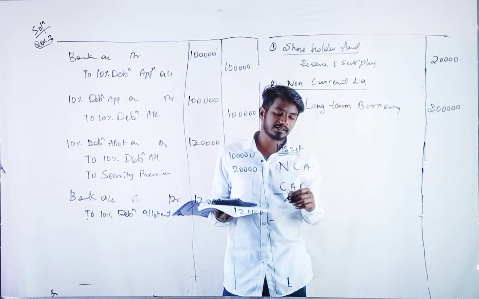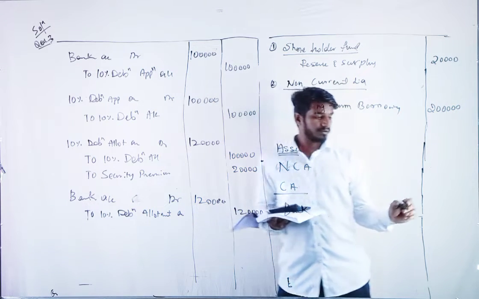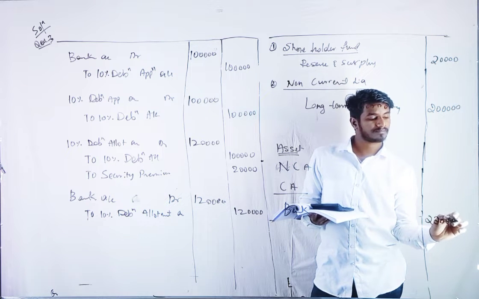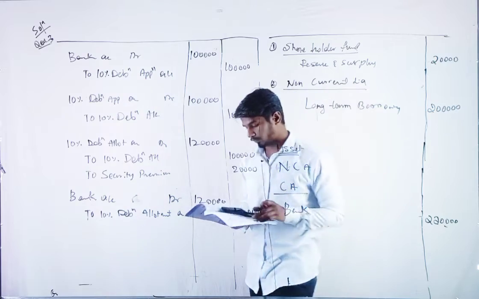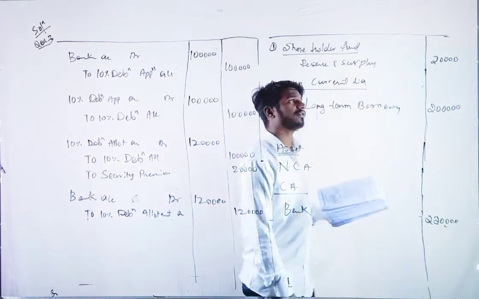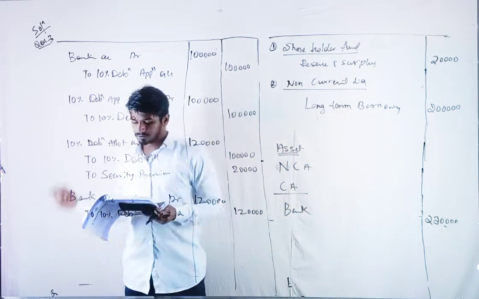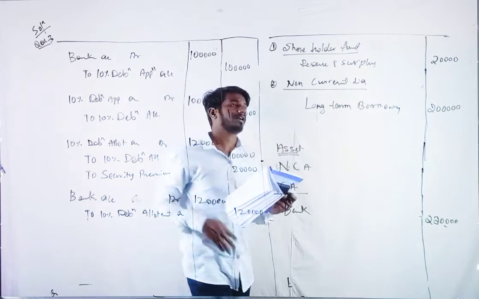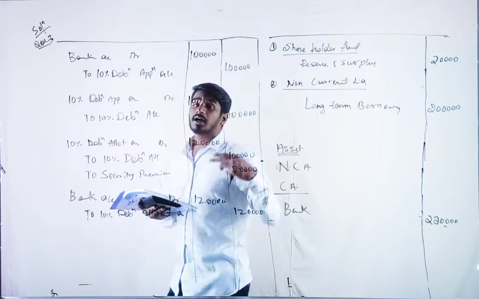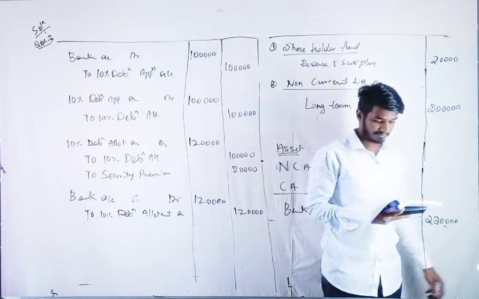Under current asset, cash and cash equivalents, bank, 2 lakh 20,000 with premium. This is your entry, and we should make notes to accounts. In the notes to accounts, simply we should show reserves and surplus as note 1, long-term borrowings as note 2, and note 3, cash and cash equivalents. That's it.